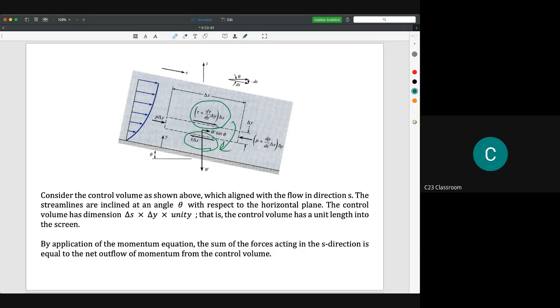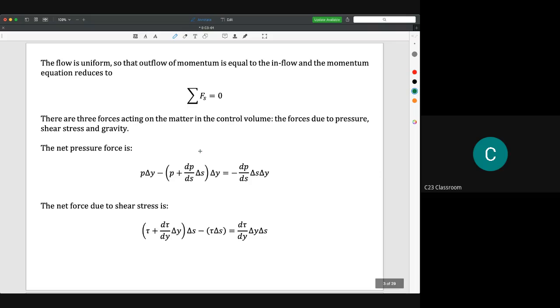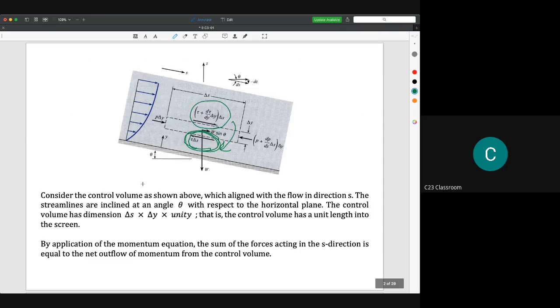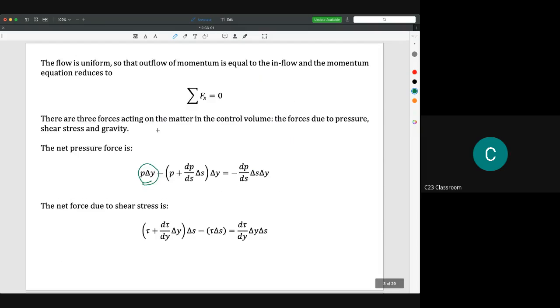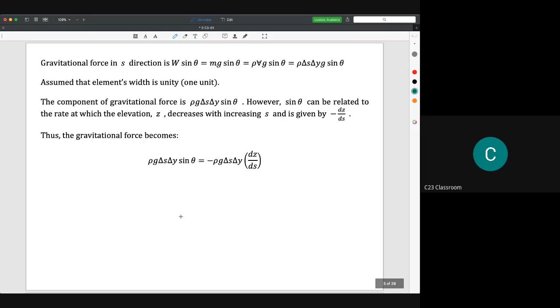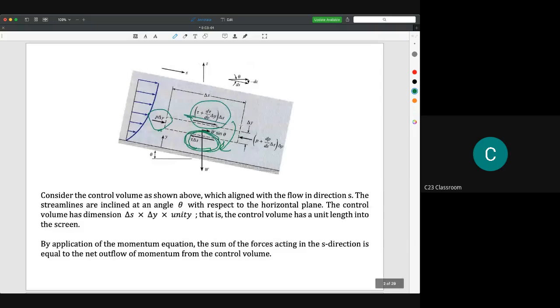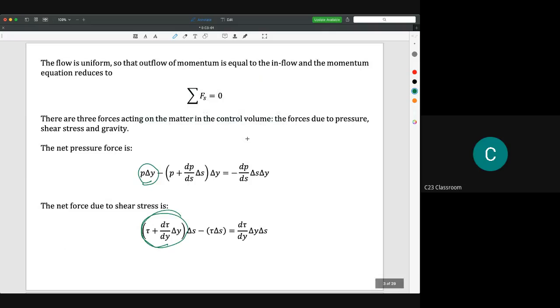So one is negative, so we take tau as negative. This P is positive if you see the sign here, and here this one is positive because it moves like this, in parallel with the fluid motion.